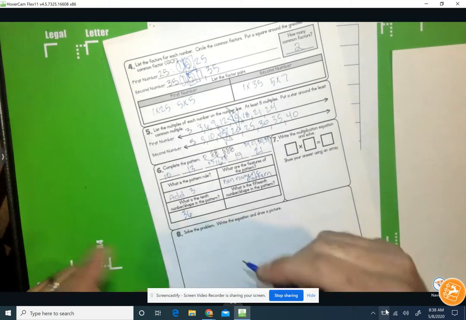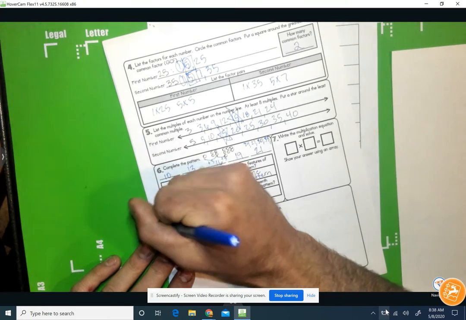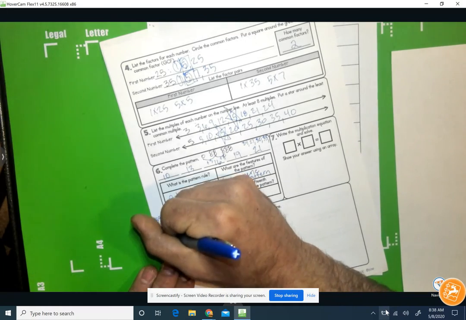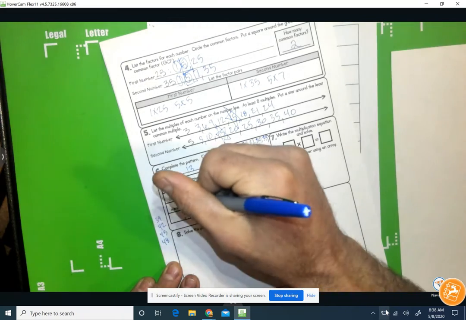What's the 15th? Well, we can keep going. 36 plus 3 is 39. Then we have 42. That's number 12. Then we have 45. That's 13. 48 is 14.